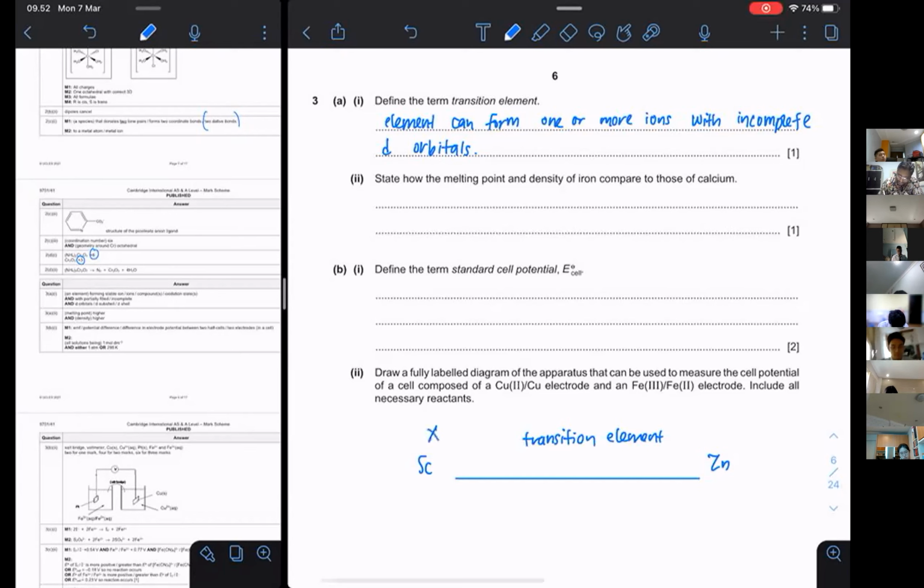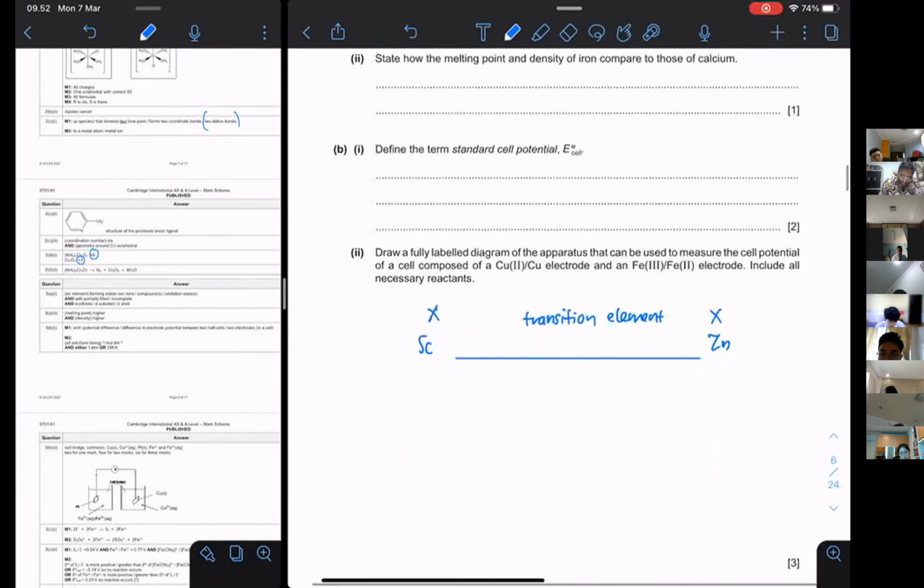Why are they not considered? Scandium follows argon 4s2 3d1, while zinc follows argon 4s2 3d10. The stable ion for scandium is 3 plus.